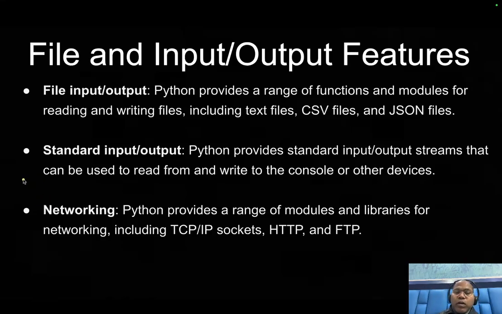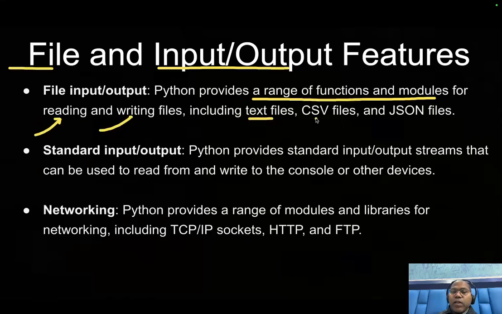So you have to read from and write to a particular folder or content, and for that we have file and input output support. Python provides a range of functions and modules for reading content and writing files, including text, CSV, JSON, and XML files. Almost any file format you have, you can read it, modify it, and write it back.